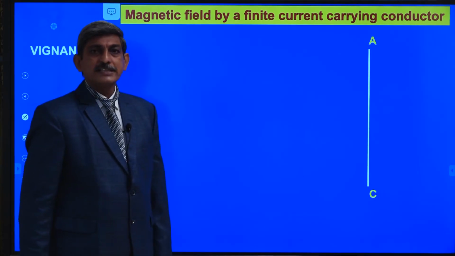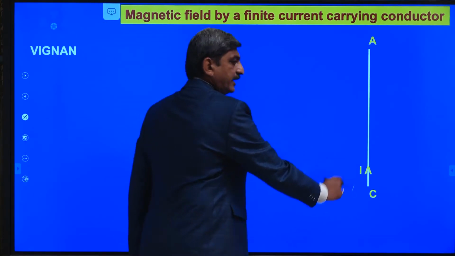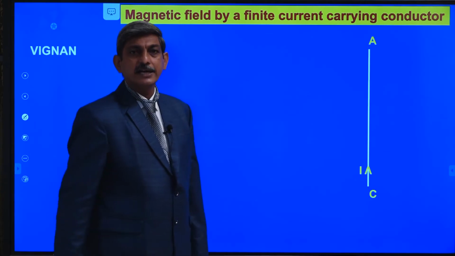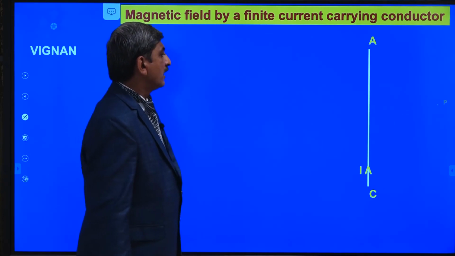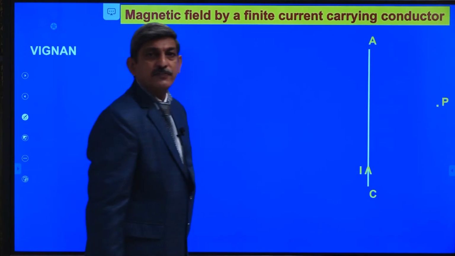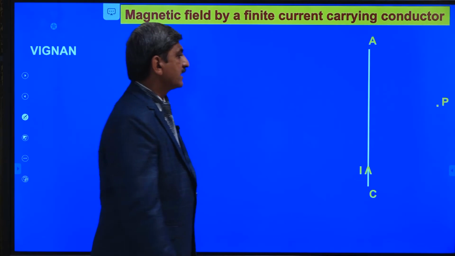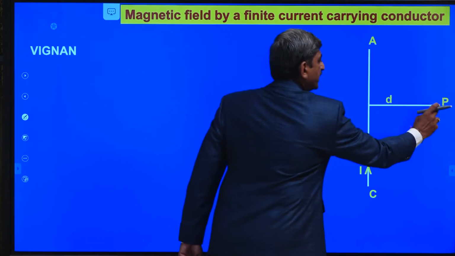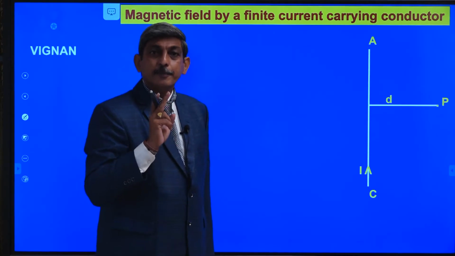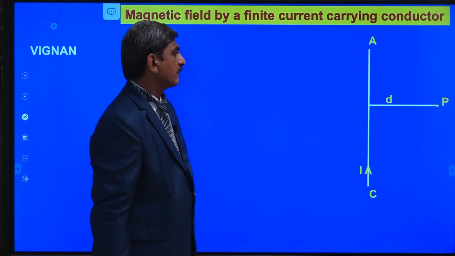Now let us consider a straight conductor AC which is carrying a current I. We want to determine the strength of the magnetic field produced by the wire at point P. Let us assume that the point P is located at a distance D. Remember, D is the perpendicular distance of the point from the given wire.